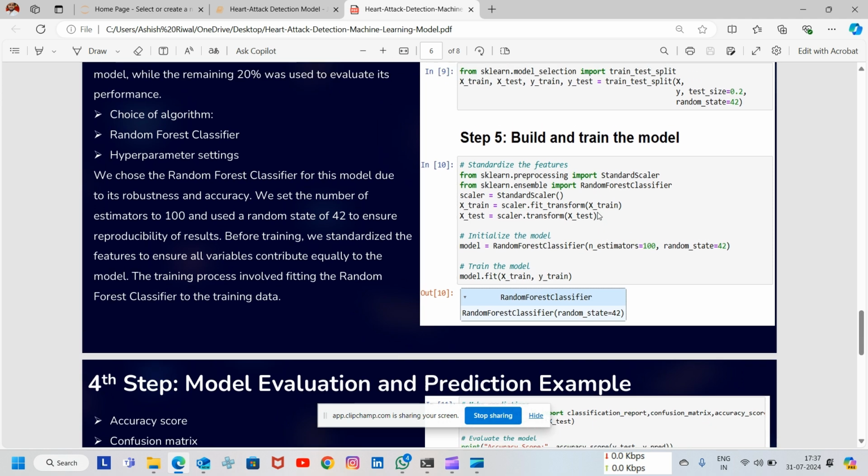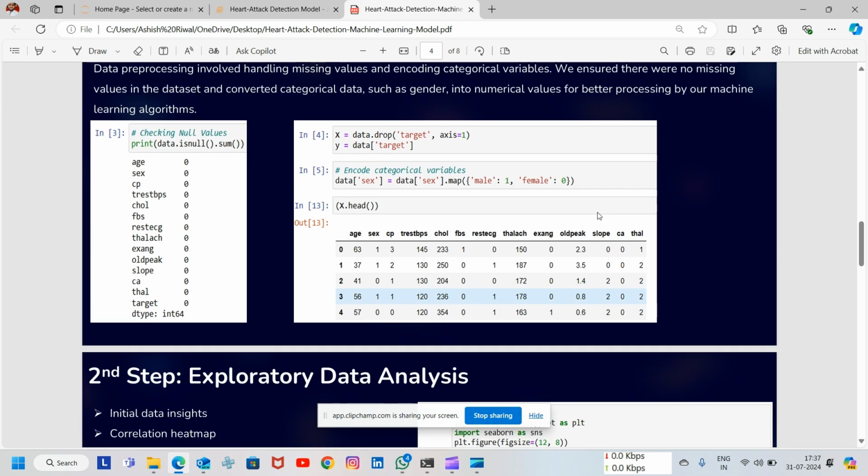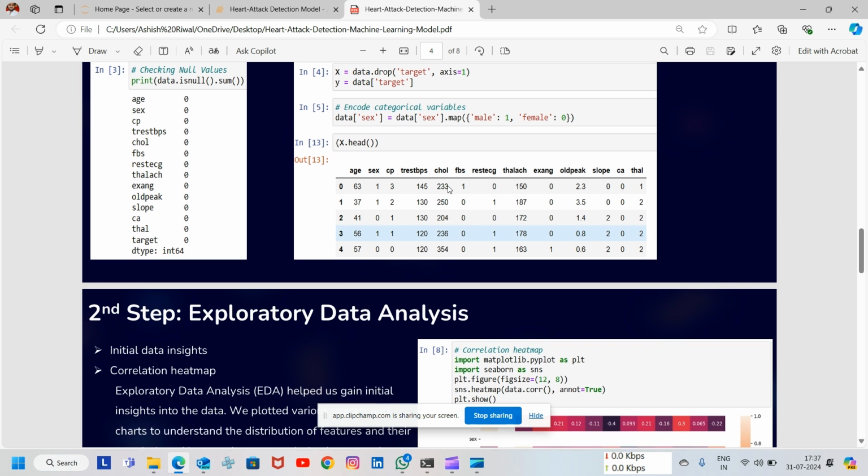There is one more thing to notice: I have used the standard scaler. What the standard scaler is doing means, as we can see in my data, there are very big and small values, like 37 and 63. In cholesterol also, someone's cholesterol can be 180 and someone else's 270.